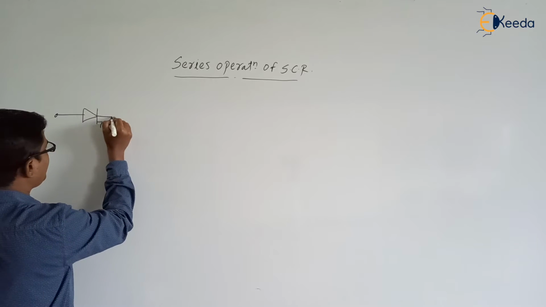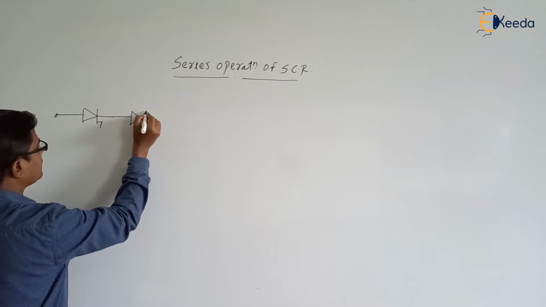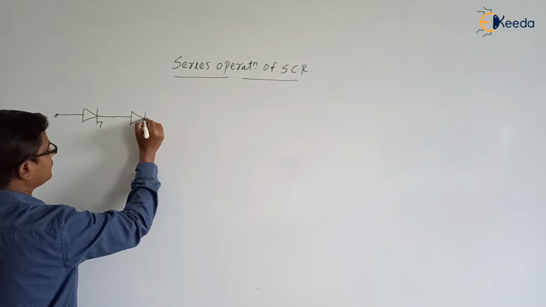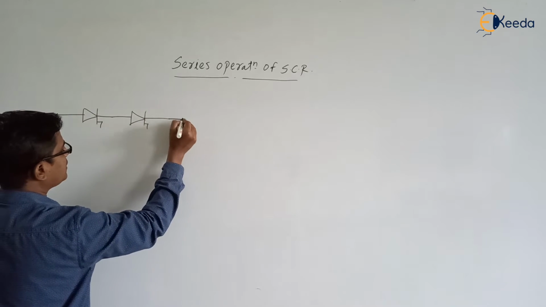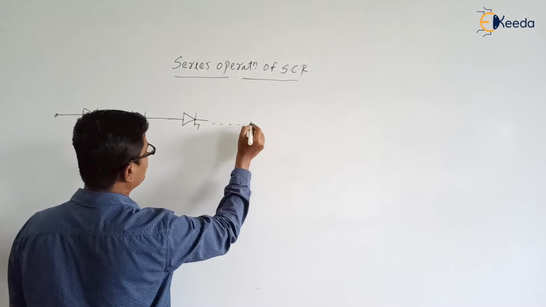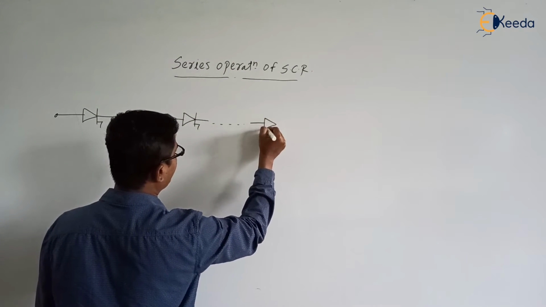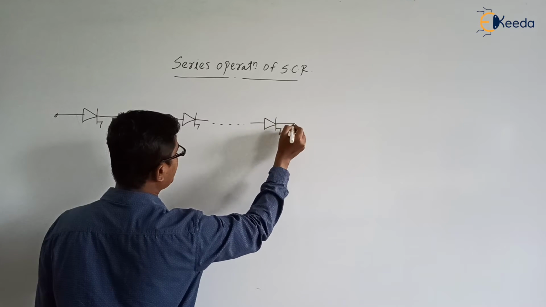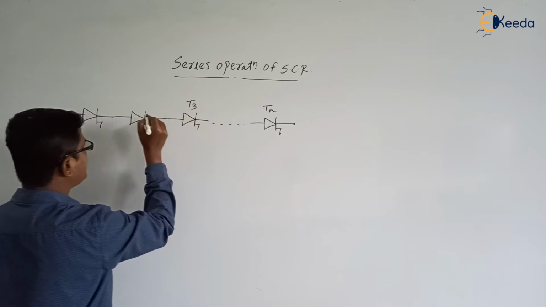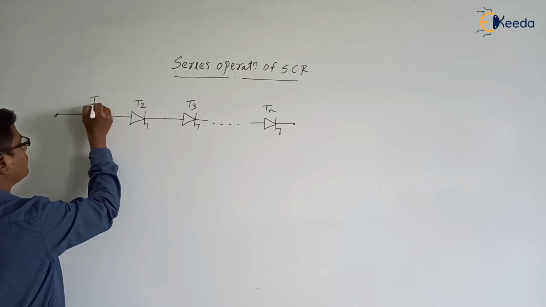This is thyristor T1, next T2, next T3, and so on. This is Tn. So this is Tn, T3, T2, T1.